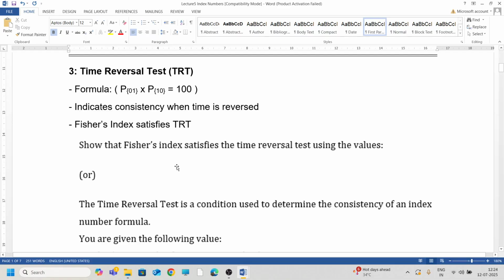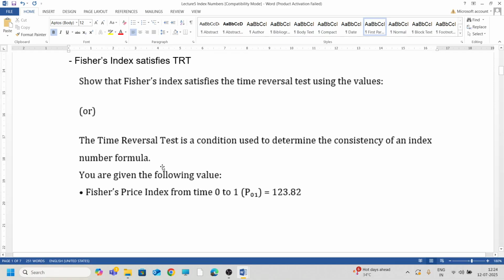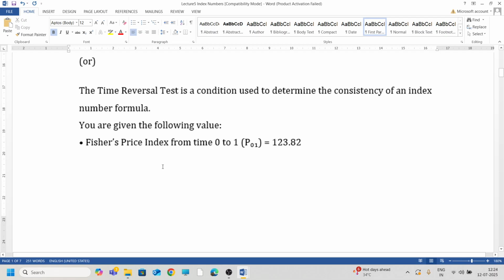So, a real life example problem here. Show that Fisher's index satisfies the time reversal test. The time reversal test is a condition used to determine the consistency of an index number formula.